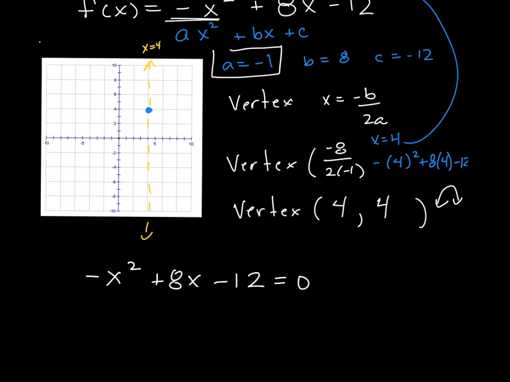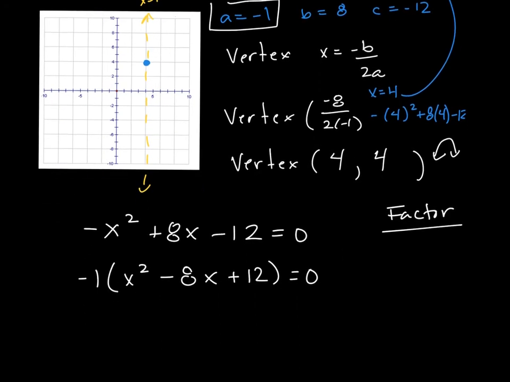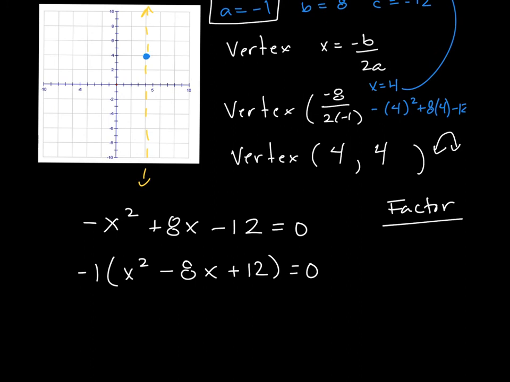Now to find this, I have to go through and factor. So I'm going to first factor out a -1 to make it just a little bit easier to deal with, and that will give me x squared minus 8x plus 12 is equal to 0. And then I go through and factor that.